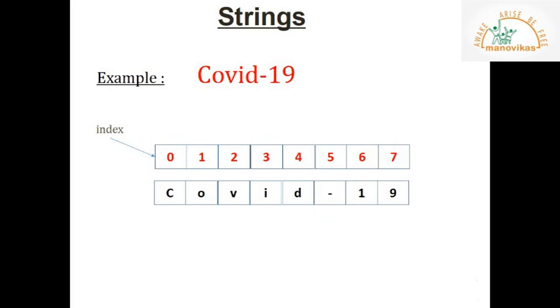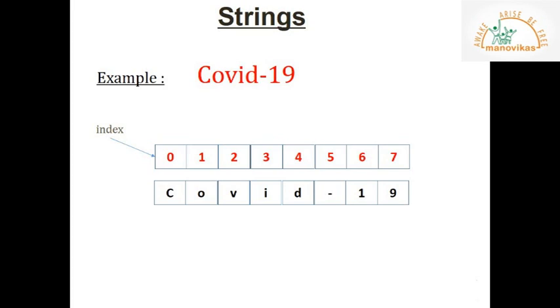One more thing I wanted to add in this explanation. String in Java is an object. It is not a primitive data type, it is a non-primitive data type. There are functions which we are going to use for manipulation of strings.